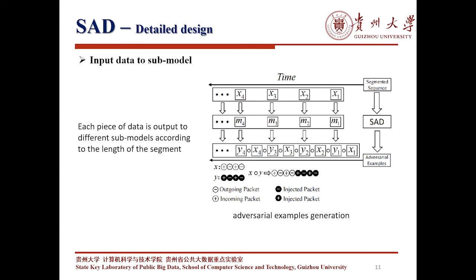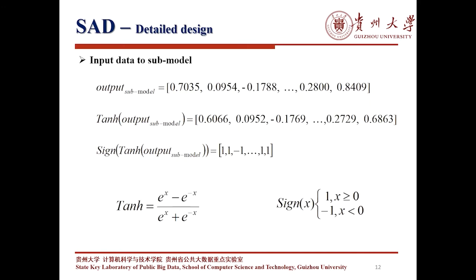These submodels have no complex structure, only multi-layer, fully connected networks. But the process is not as simple as it seems. What we need to note is that the value of each dimension output by the neural network is unlikely to be only -1 or 1.